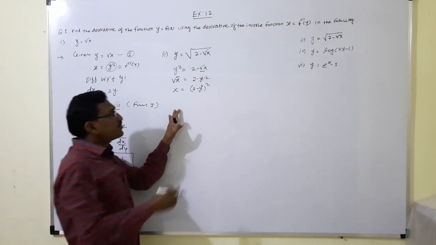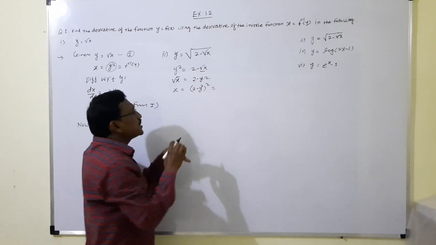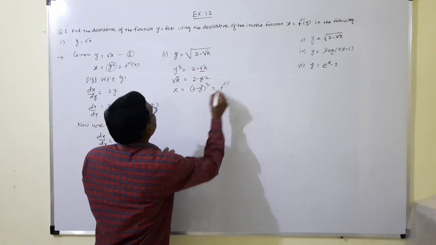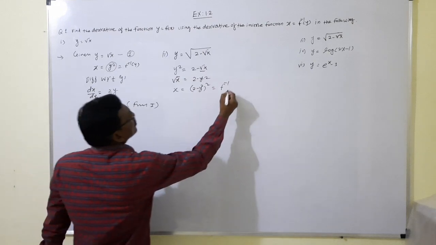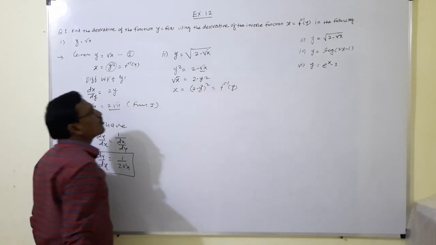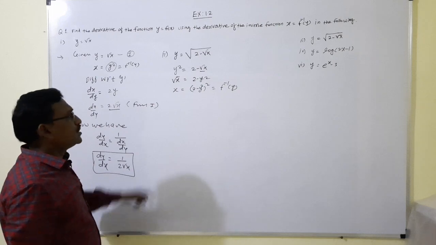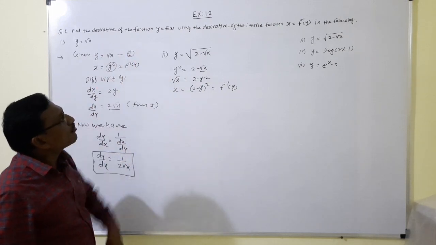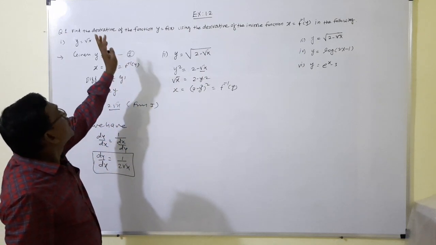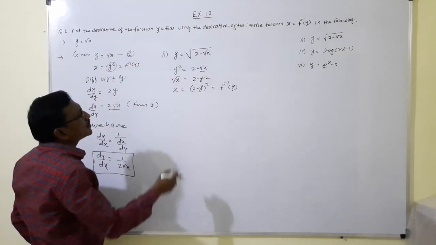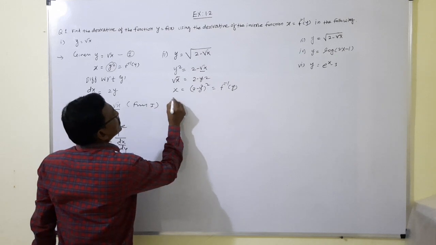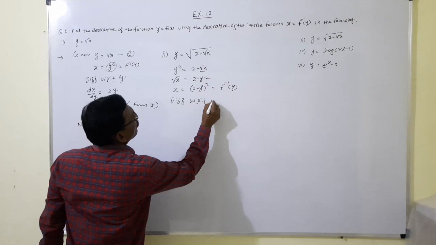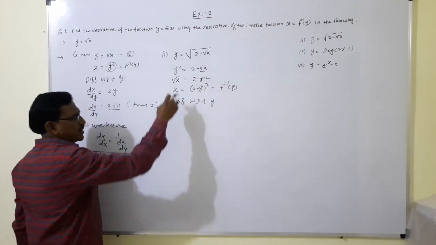This is the inverse function, f inverse of y. x equal to f inverse of y. Now we take its derivative and find the derivative of y equal to f of x. Differentiate with respect to y, because x is in terms of y.